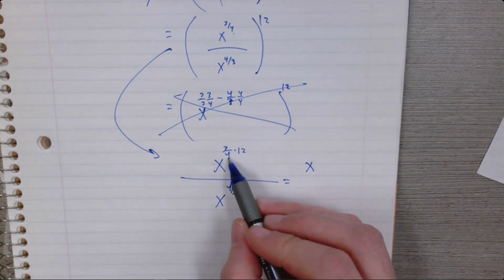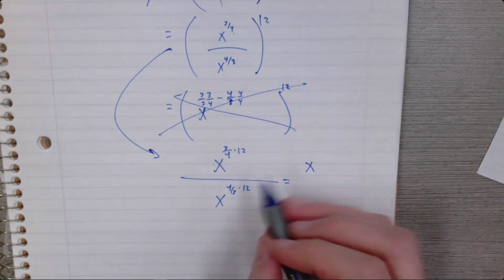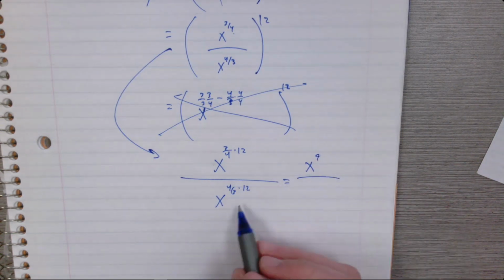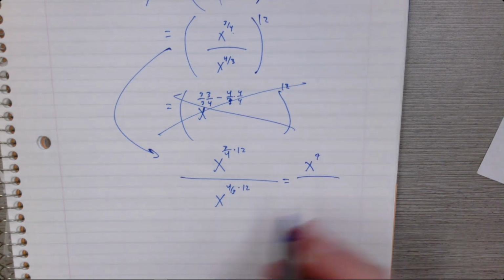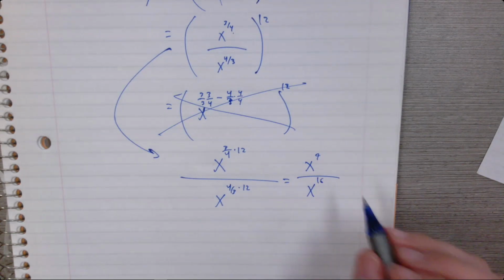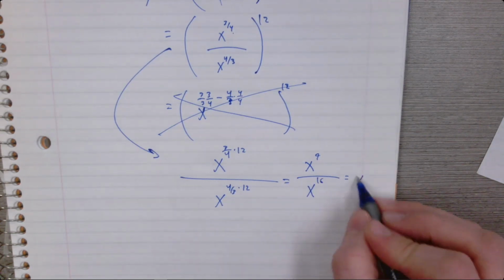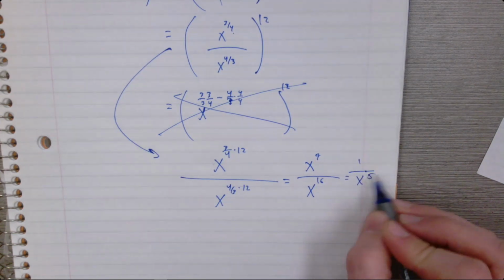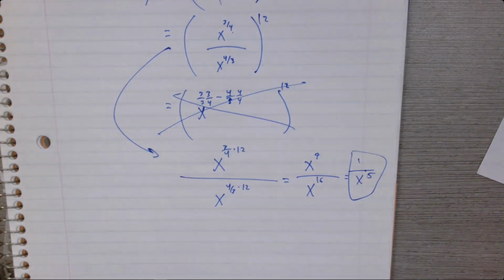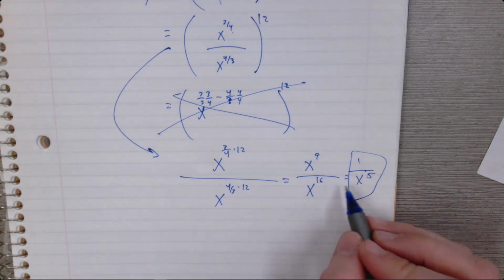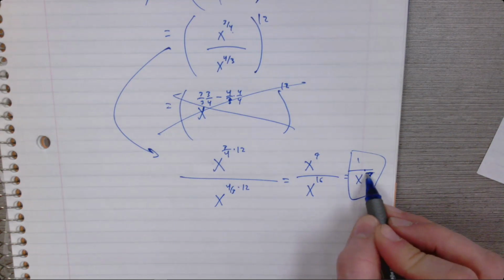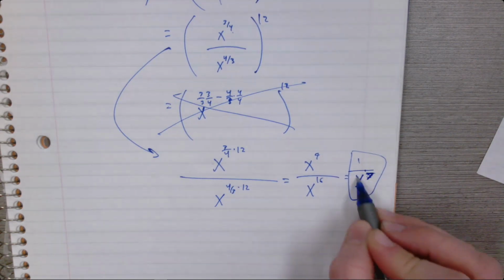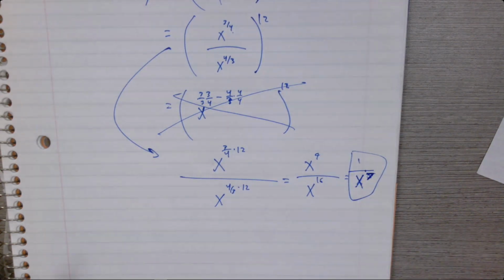So 12 divided by 4 is 3, so this is x to the 9th. 12 divided by 3 is 4, so now this is x to the 16th. And then 9 minus 16 is negative 7. So this is 1 over x to the 7th. Cool.